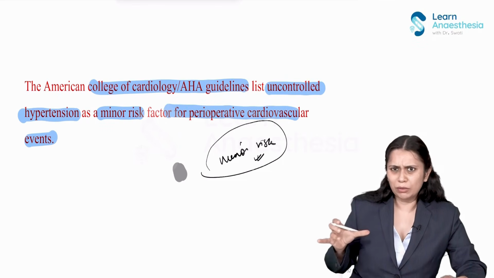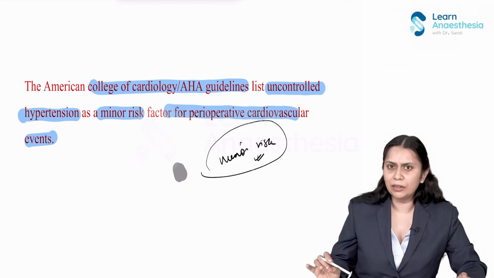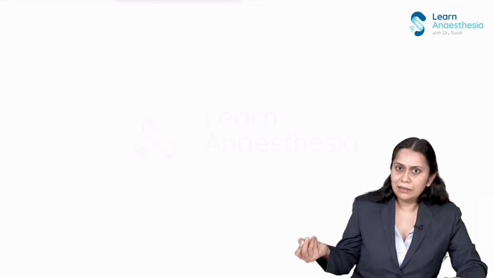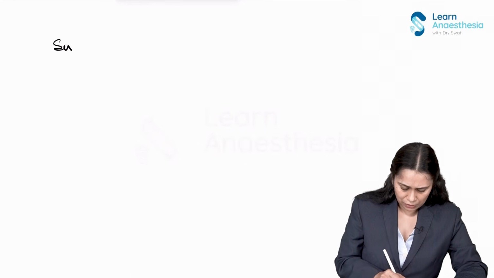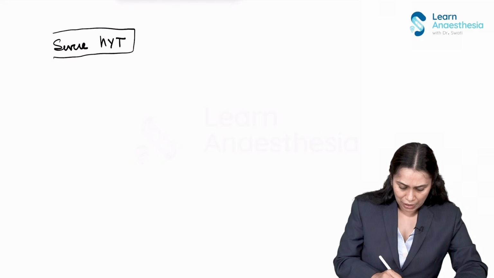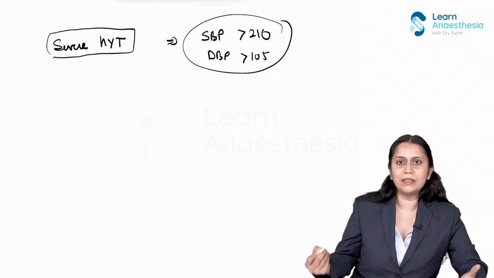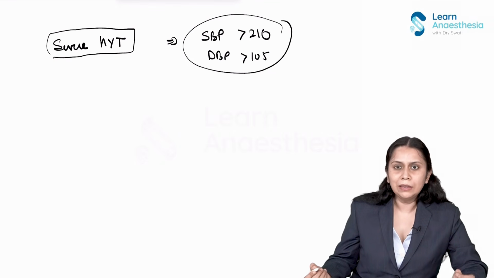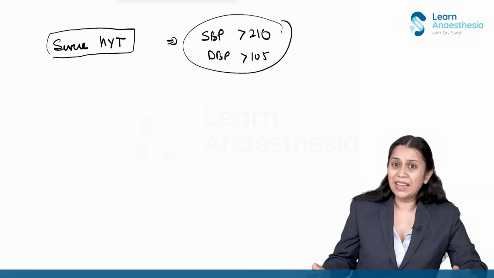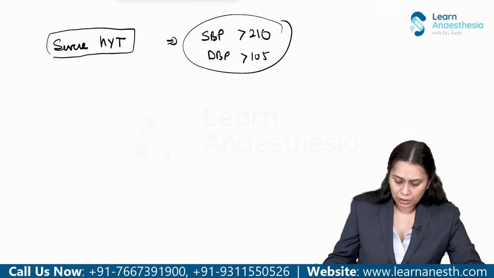Okay, there are a few studies which have shown this. One very important landmark study showed that in severe hypertensive patients, with systolic blood pressure more than 210 and diastolic blood pressure more than 105, the risk of exaggerated hypertension and exaggerated hypotension is more.